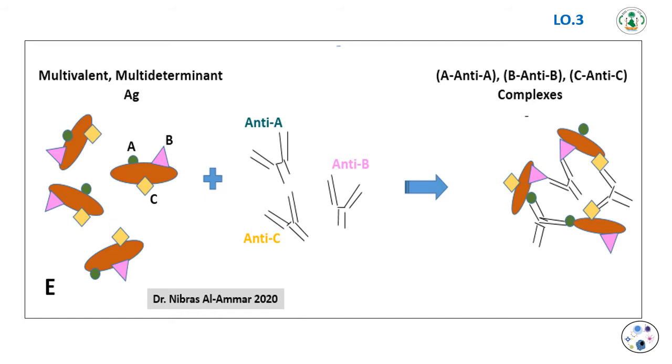Anti-A is directed to the A epitope, anti-B to the B epitope, anti-C to the C epitope. When these bindings occur between these epitopes and the anti-A, anti-B, and anti-C antibodies, anti-A, anti-B, and anti-C complexes occur and cross-link between each other.